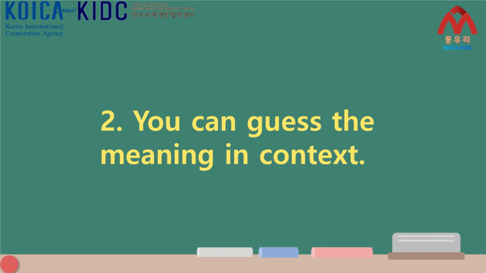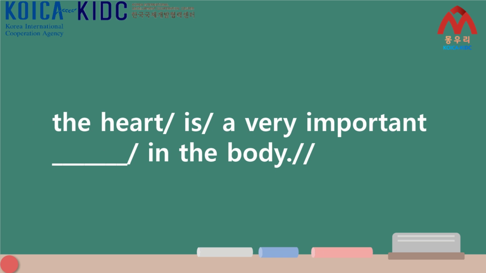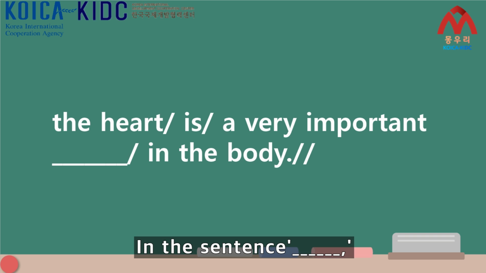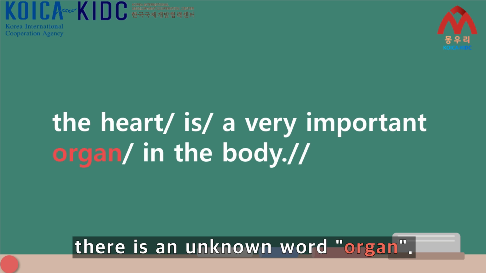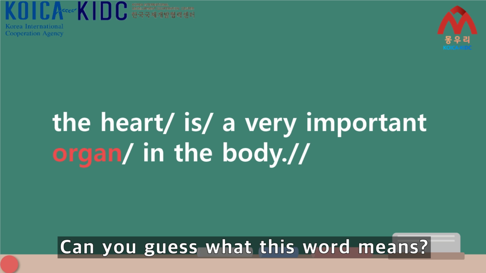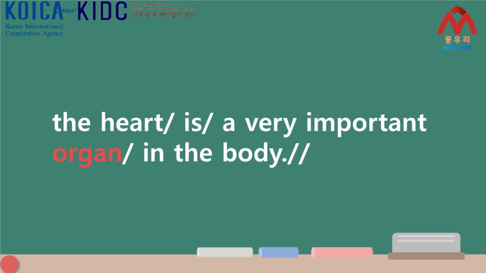You can guess the meaning in context. The heart is a very important blank in the body. In the sentence blank, there is an unknown word, organ. Can you guess what this word means?